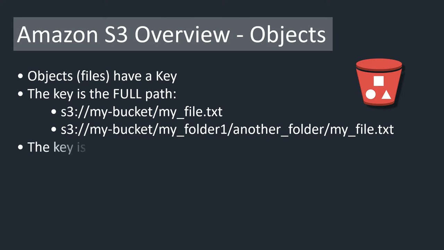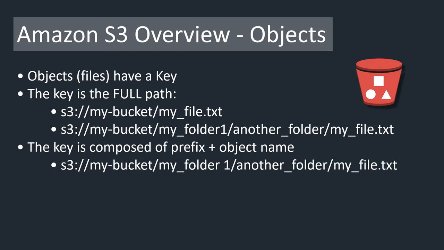The key can be decomposed into two things, the key prefix and the object name. So if we take the same long example, the prefix for my_file.txt is my_folder1/another_folder/, okay, that is the prefix, whereas the object name is my_file.txt.